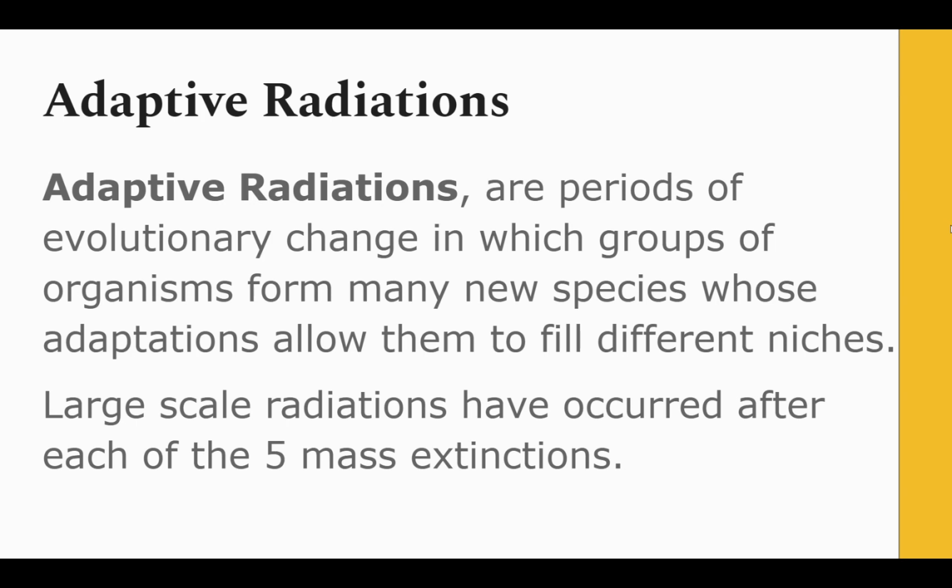Because those number of families didn't plummet completely after each mass extinction, and the number of families increased, right? That is called an adaptive radiation. We talk about adaptive radiation in biology as well as just the ability of one species to diversify into many different species through the process of speciation.